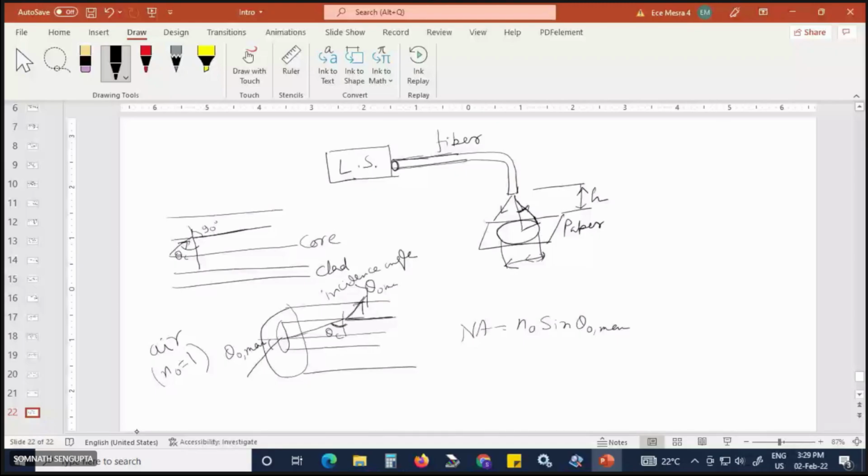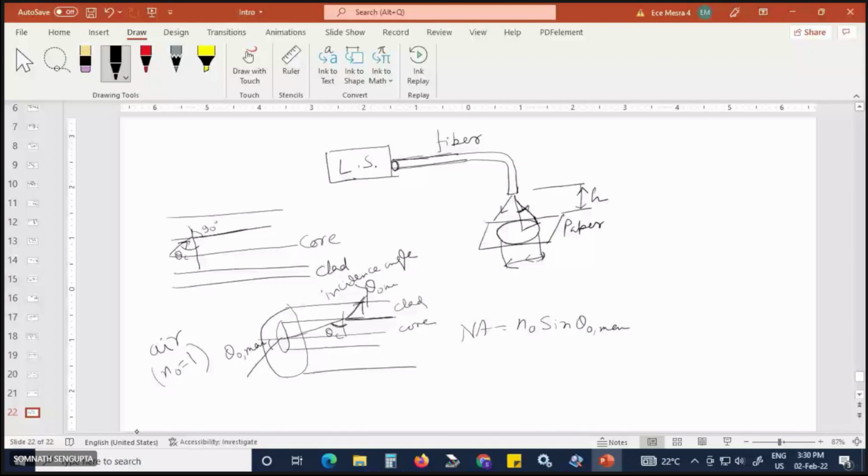And generally, you are correct in some sense, that theta c, the critical angle, is at the condition when the light propagates along the core and cladding interface. This is clad and this is core. At that time the incidence angle is theta 0 max.